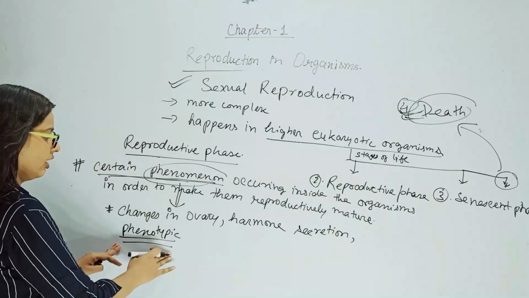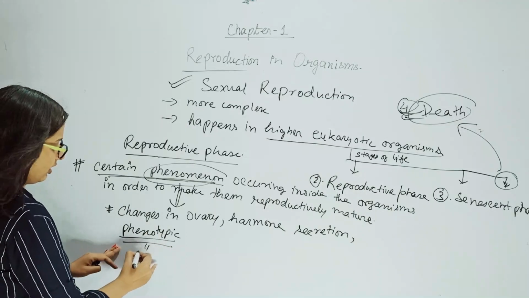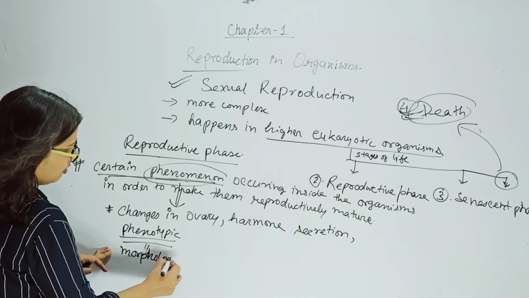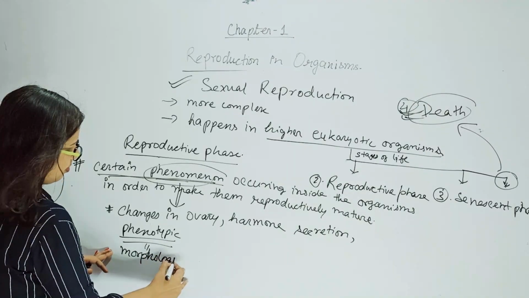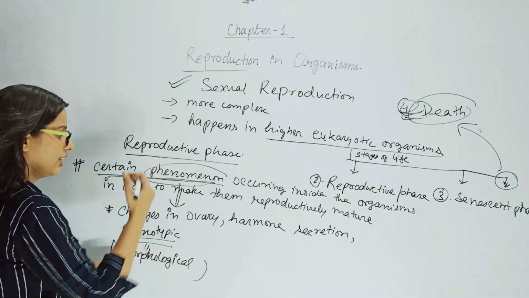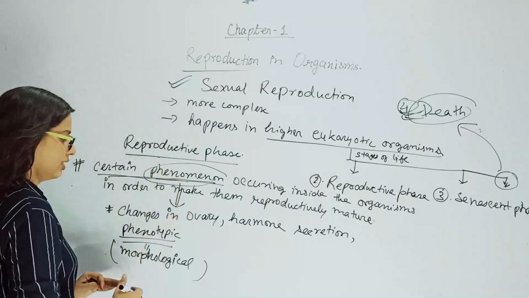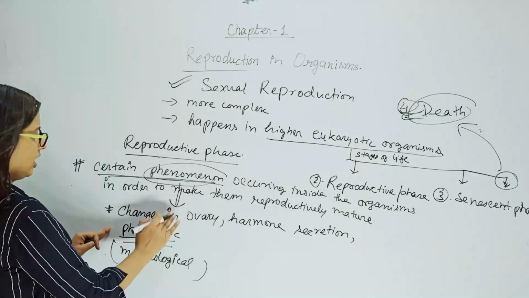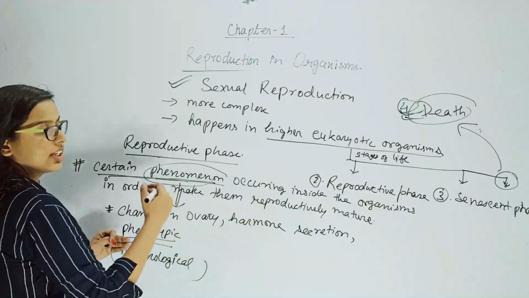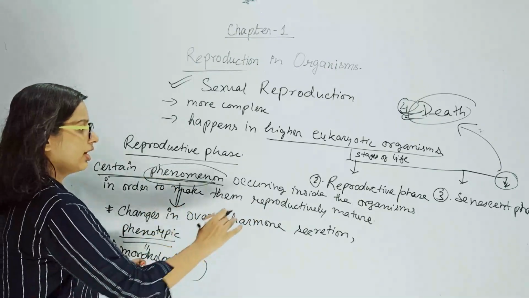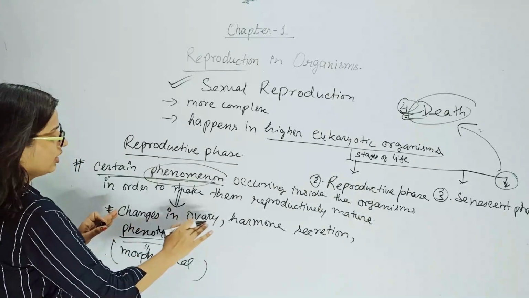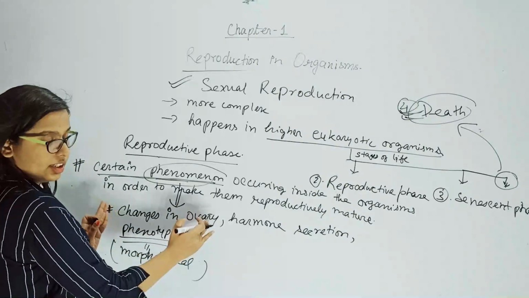Phenotypic you can relate with morphological, that you can see in a living organism. So the phenomena undergoing inside a certain eukaryotic organism in order to make it reproductively mature can be the changes in the ovary, first thing.